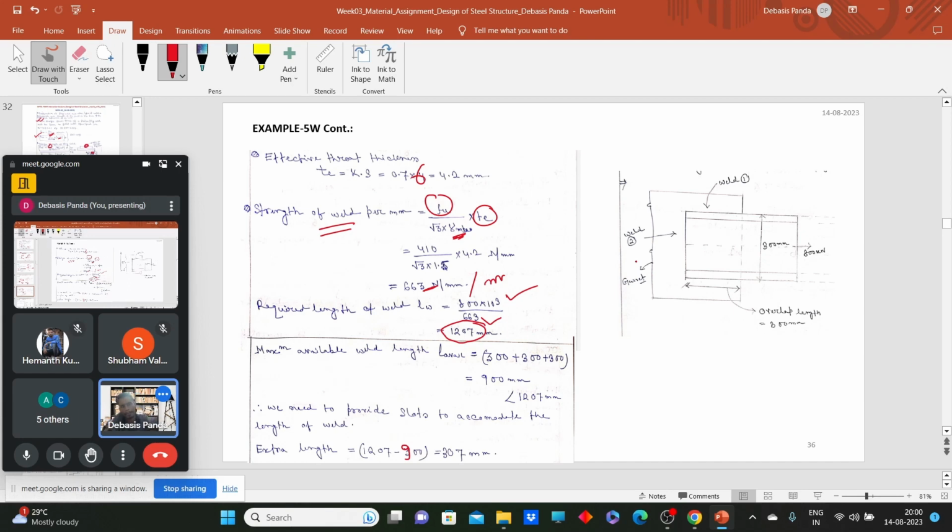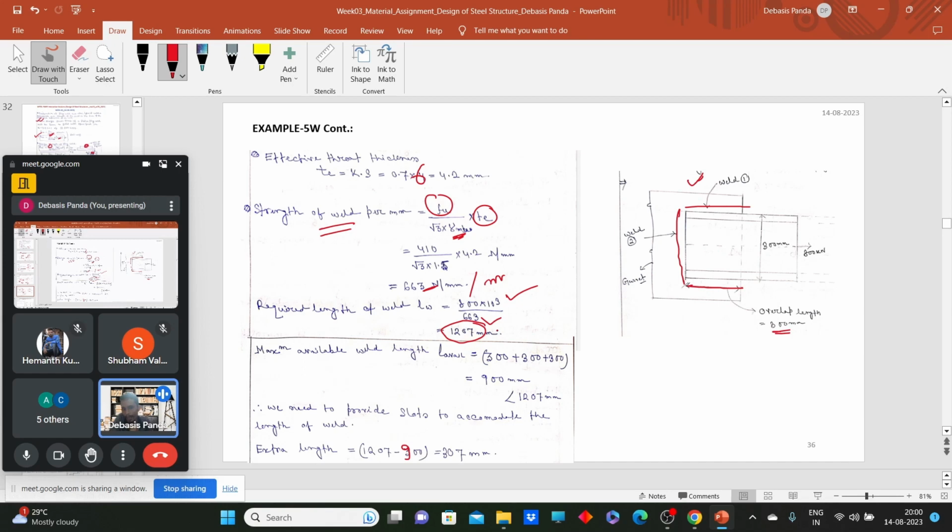Now tell me, how much is the available length, or how much length can we provide here? 300 plus 300 plus 300. Two constraints are there. One, you can only overlap 300 mm, and you can only do welding on three faces.